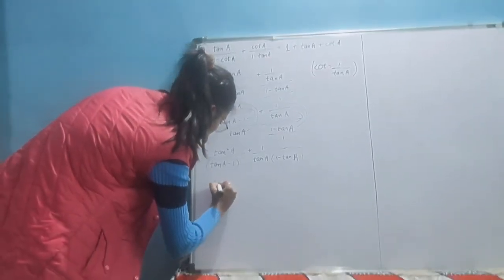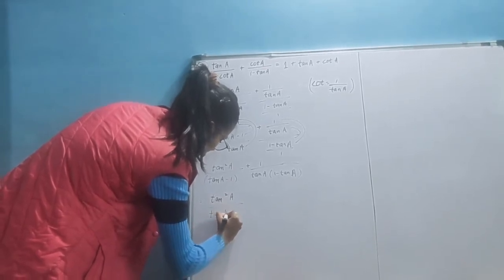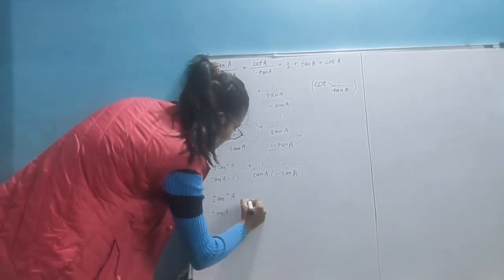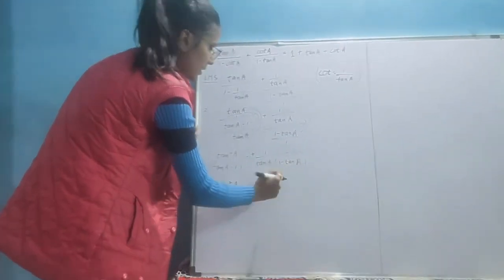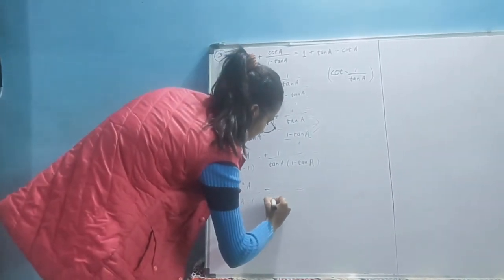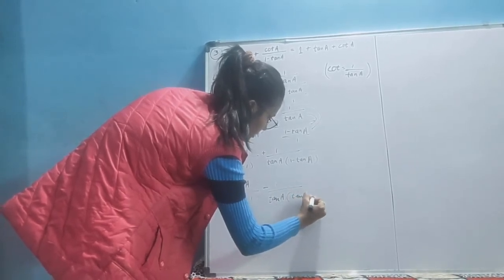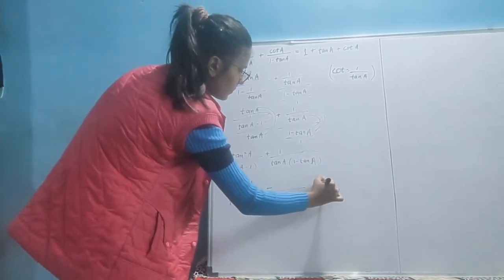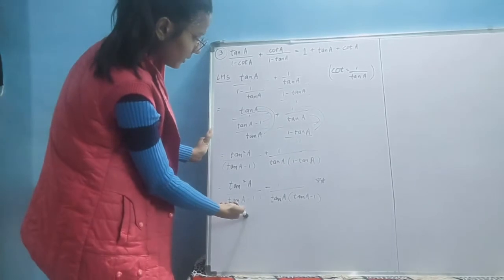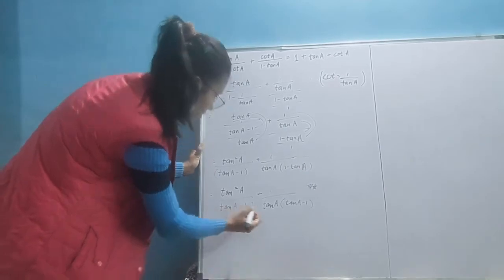So tan square A upon tan A minus 1, plus is going to convert into minus, because I am going to write it as 1 upon tan A into tan A minus 1. So here the sign is changed. It is an important step where you must take some care. And further I am going to solve.